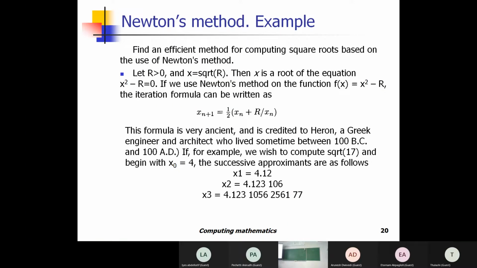No. But can you guess where it is? Can it be 10? No. Can it be 5? What value? Square root of 4. What is the square root of 4? 2. The square root of 3 should be smaller than 2, it cannot be greater than 2.